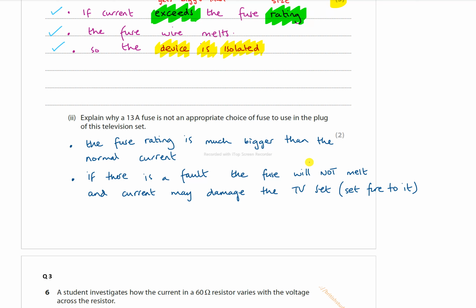So just look at the idea. Normally there's this much current going through, something like this, yeah? Right. You've got a fuse here with that wire. Suddenly the amount of current coming through will melt this. So the device is isolated.